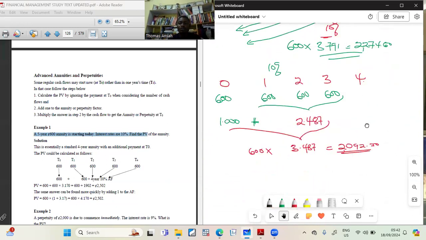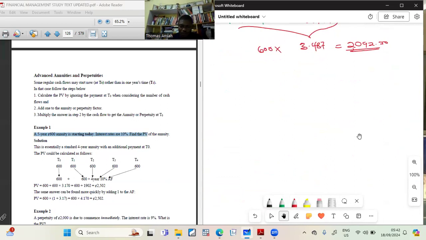So let's go back. We have year 0, 1, 2, 3, 4, and 5. So 600, a 5-year annuity starting today, which means starting today, don't forget those words. Another word is T0, all right? So our 600 will be 600, 2, 3, 4, and 5.